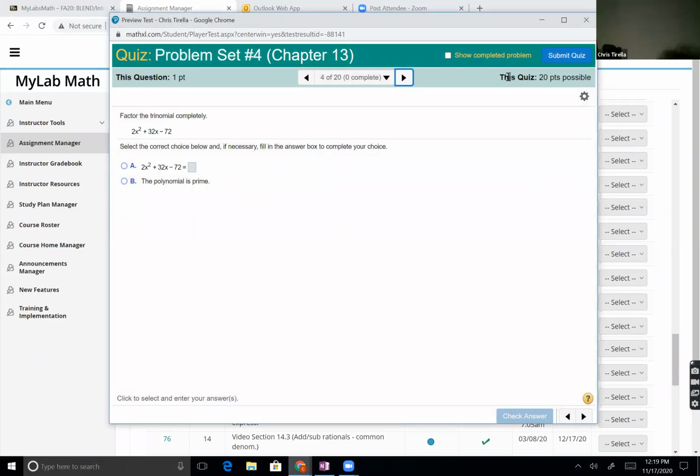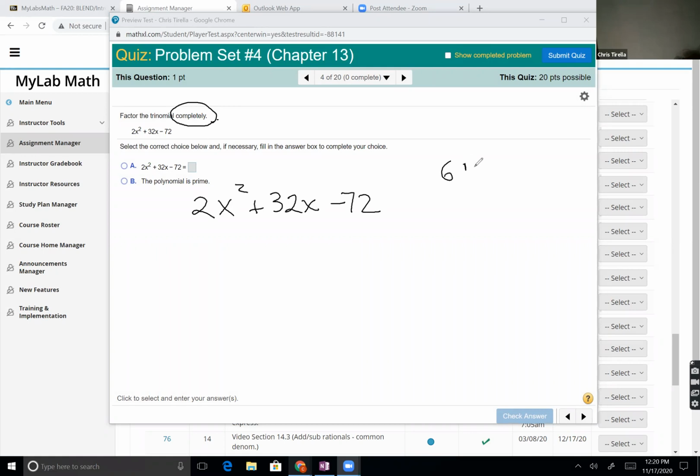Next then asks you to factor completely. And when I see that word completely, I immediately think to myself, I should not be shocked if I've got to do more than one type of factoring. And I'm always first looking for something in common. And whenever I see that they're all even numbers, I know that at least there's a 2 in common.